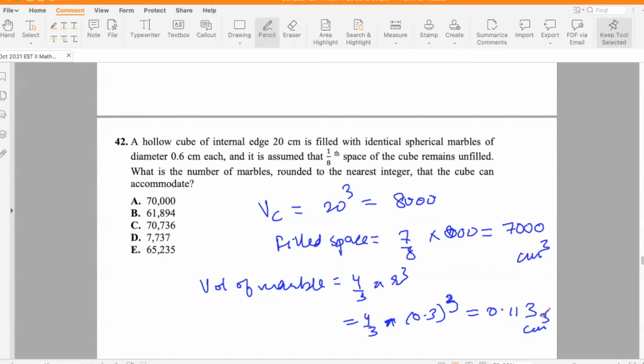So the number of marbles would be 7,000 by 0.113, which comes to 61,947. So very close to option B.